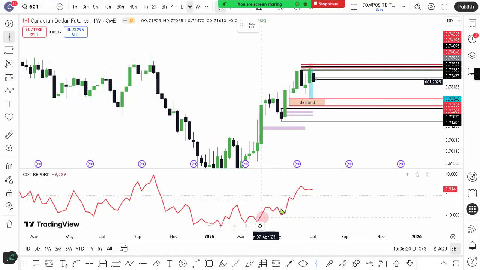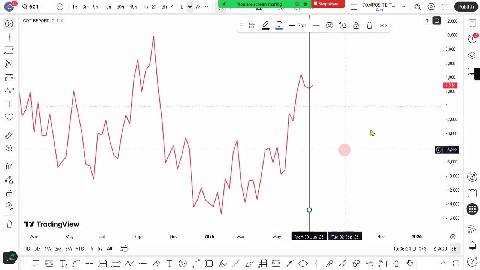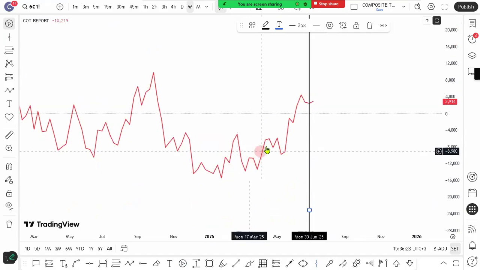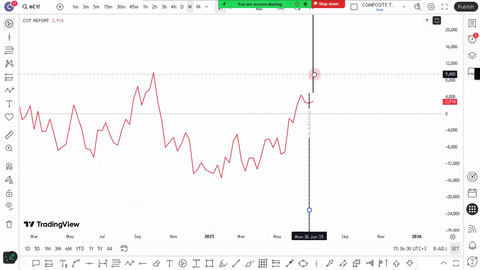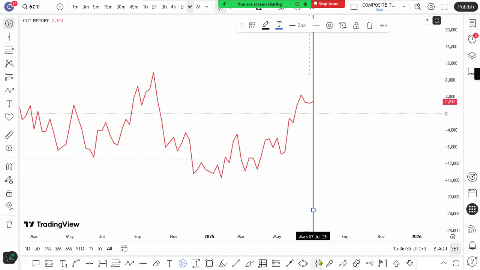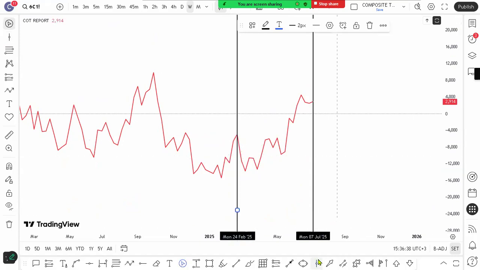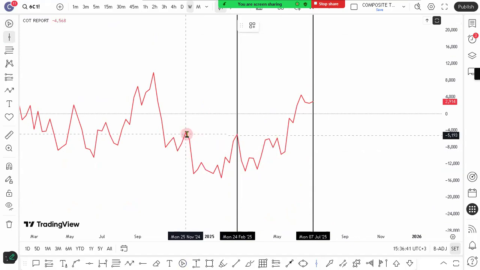So if you look at this one, these guys are getting even more bullish. Look at this here. These are the retailers' positions, and the more they get bullish, the more the market will turn around. You can see in this data, they are getting more bullish. Again here, they are getting more bullish. And when they get more bullish, the market will do the opposite.